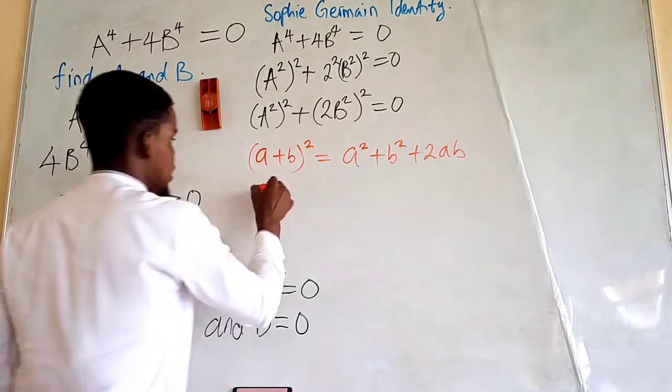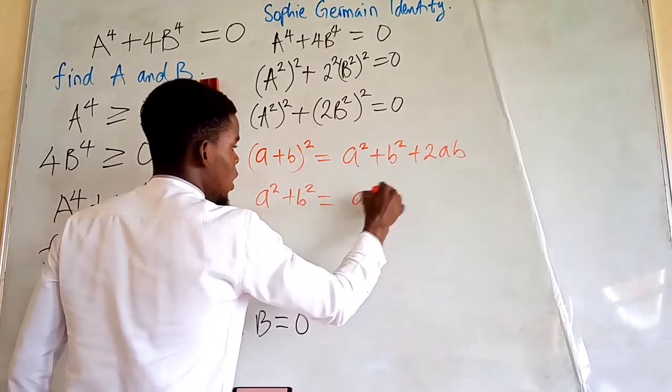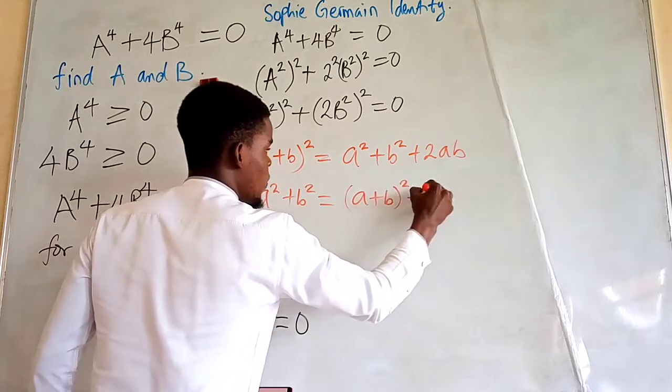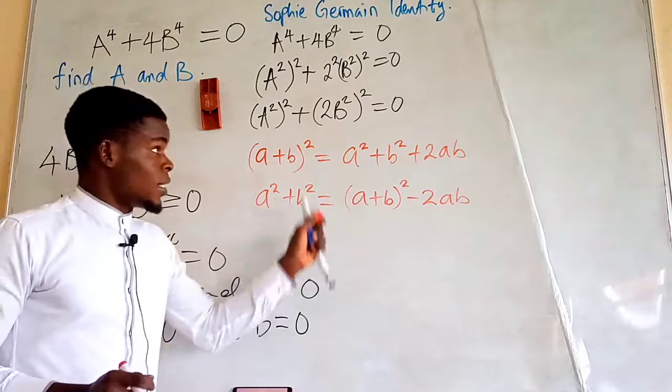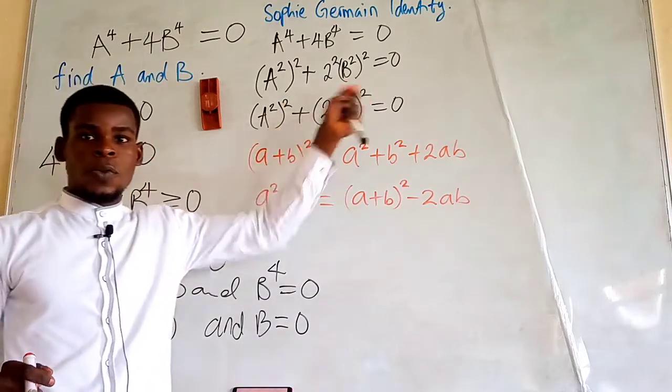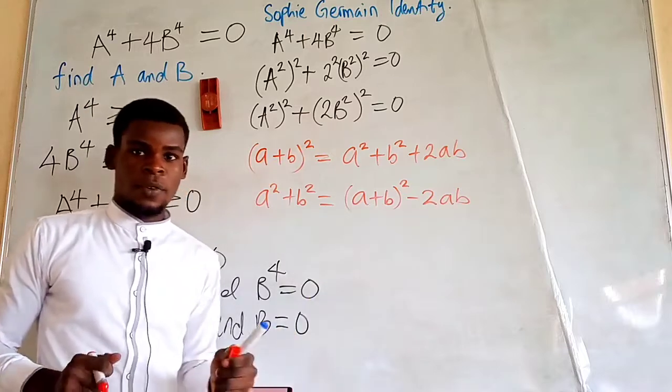Alright, that means that a squared plus b squared is going to become a plus b all square minus 2ab. So in place of sum of two squares, like we are having here, this square and that square, I can look at this as this right hand side, alright?